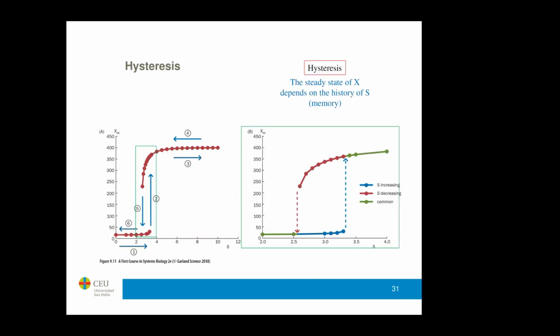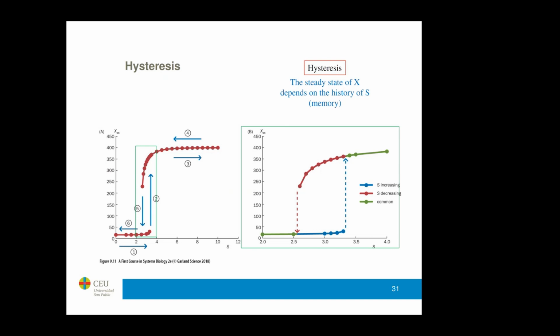And here you can have hysteresis again. If there is no hysteresis, you would expect the behavior to be like this. You have some level. If the input increases, then at some point you will increase. But if the input decreases, you decrease following the same path.